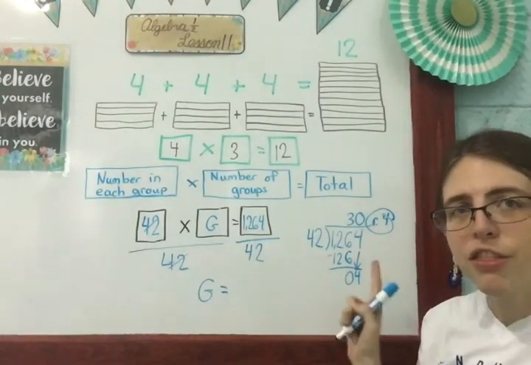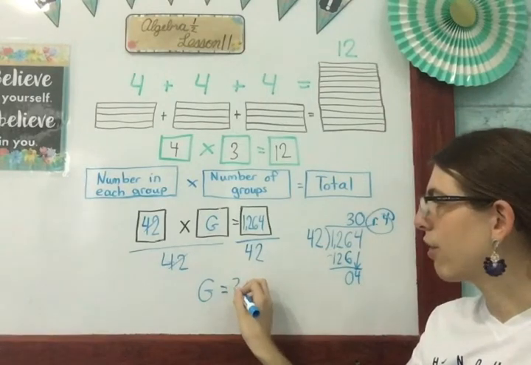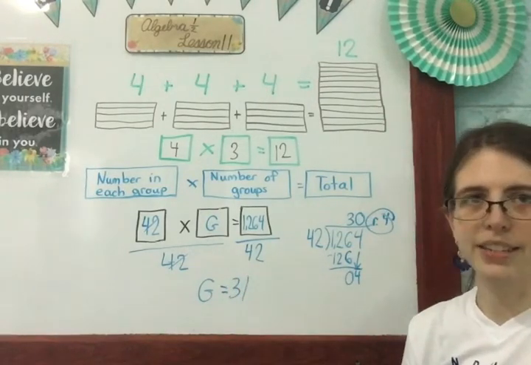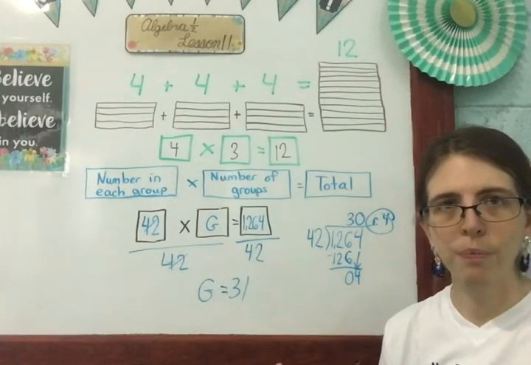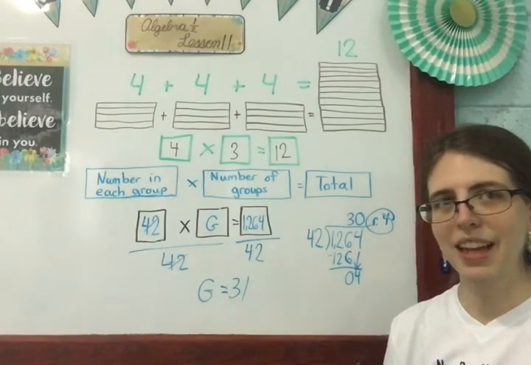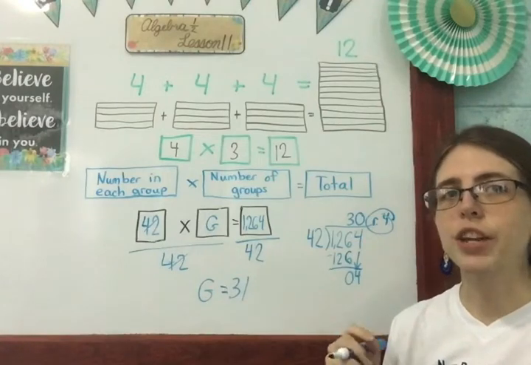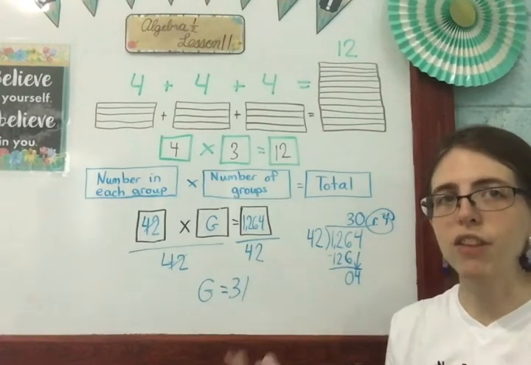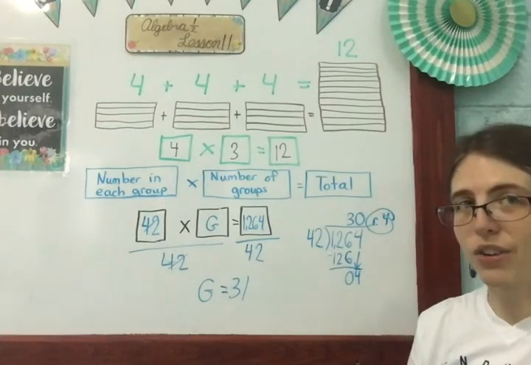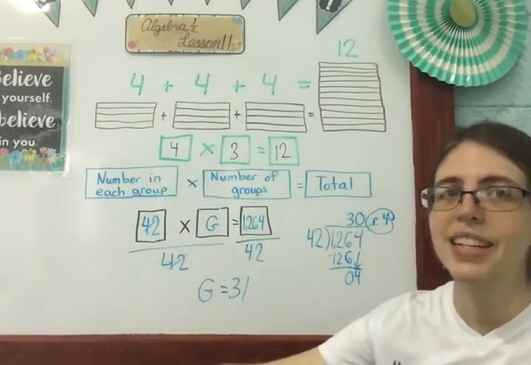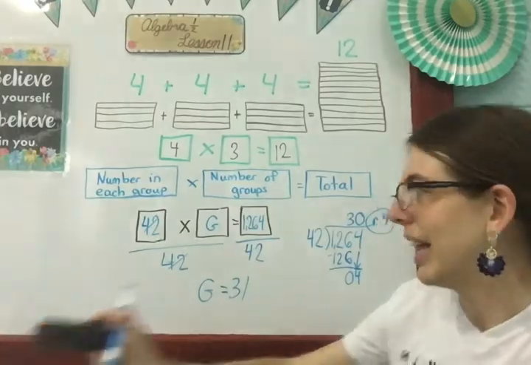So I don't need 30 buses, I need 31 buses so that I can fit all of the students that want to go. Okay, does that make sense? I don't need 30, I need 31 because I need to fit everybody. And with just 30, I have 4 left over. So I have to get 1 more bus to fit everyone. All right, let's try another one.